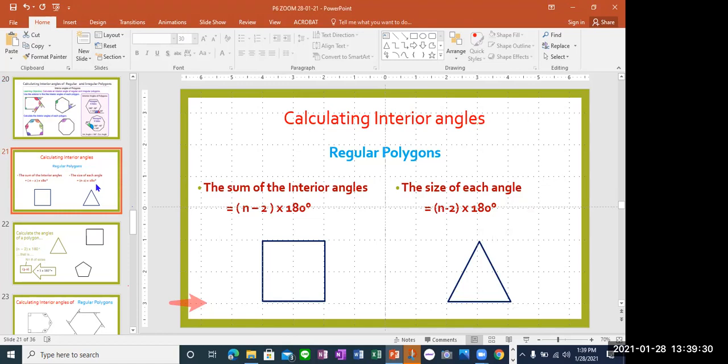As it says, the sum of the interior angles would be the number of sides minus 2 multiplied by 180 degrees. Who can answer this one? Mini, Kaupon, Chayanon, Ubadet, Panupan, Yanida, where are you?